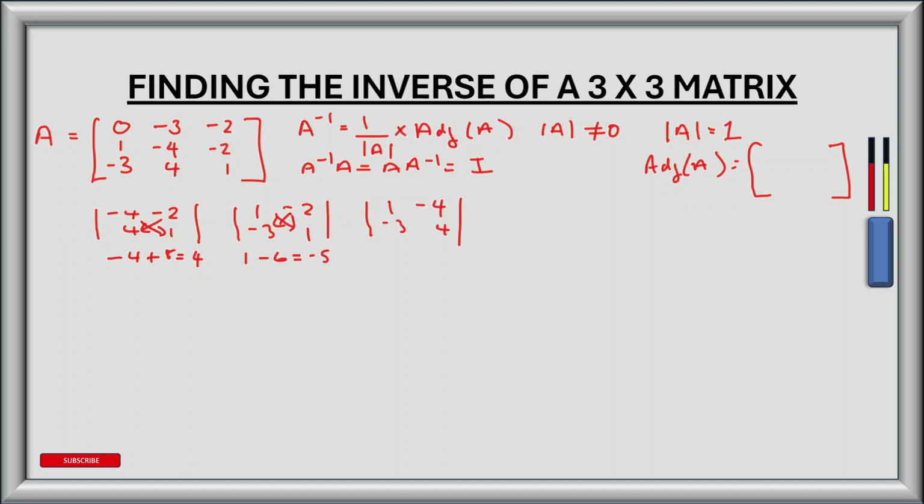And we have 1 times 4, which is 4, minus -3 times -4 is 12. So that's 12. So we can start building our new matrix here. So in the top row we have 4, -5, and -8.